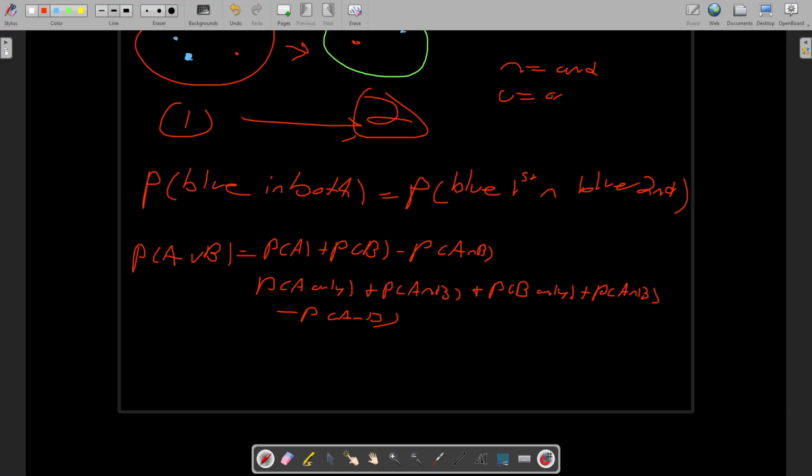Well, we only want one probability of A and B. So if we subtract the probability of A and B, we only have one of those left.